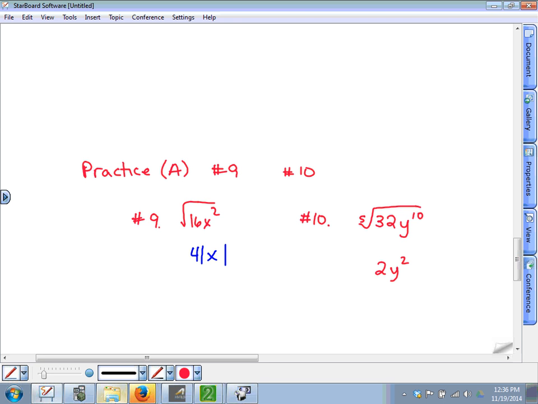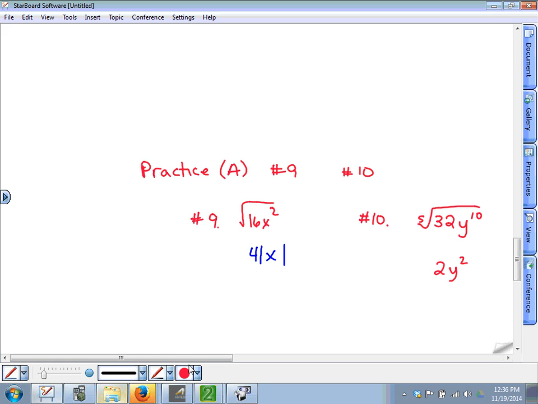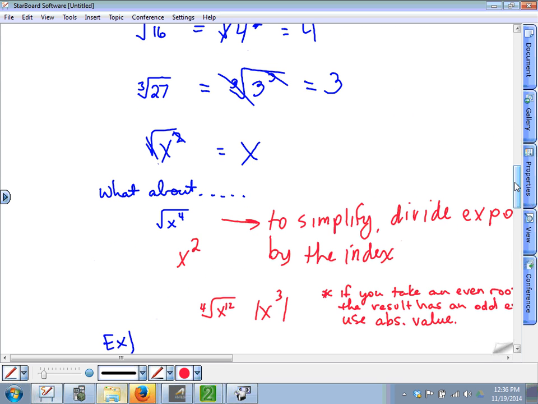Even though this isn't going to be in the homework yet, this is another section later on in the chapter. I think it's the 4th section. I still want to make the connection now because I think it might help.